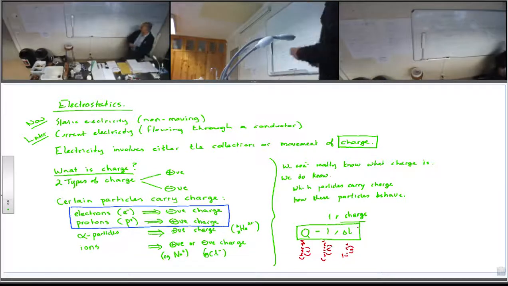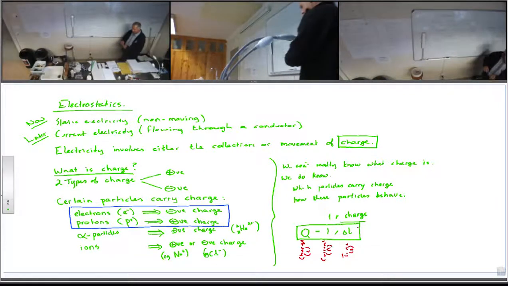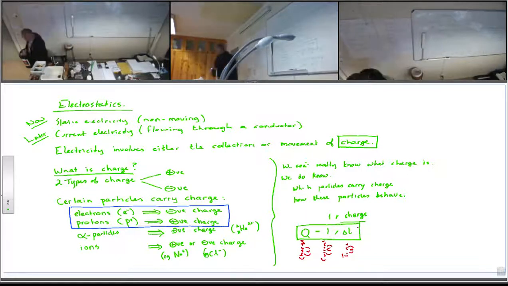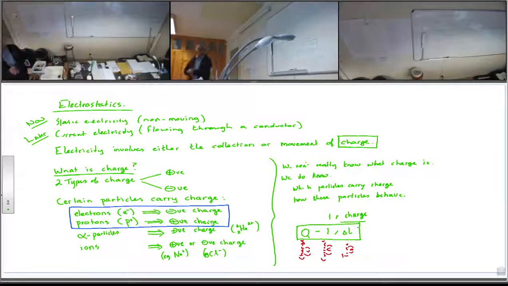Can we give you an example or two? Coulombs can be both a capital and a small c.